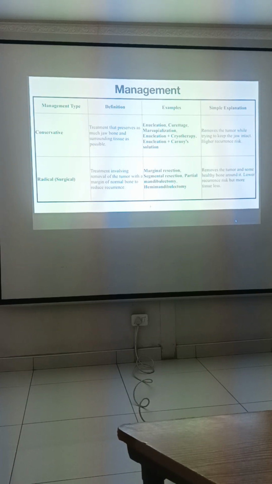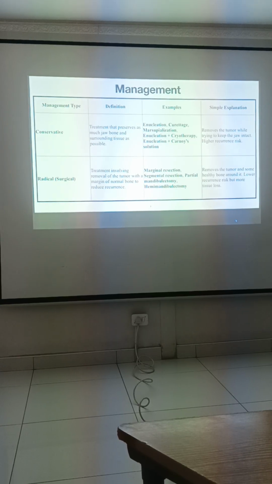management. Management can be classified into either conservative or radical. Conservative is usually indicated in lesions that are detected early or lesions that have not affected the bone as much, smaller lesions. In this treatment, we conserve as much of the jawbone and tissue as possible while trying to remove the tumor.